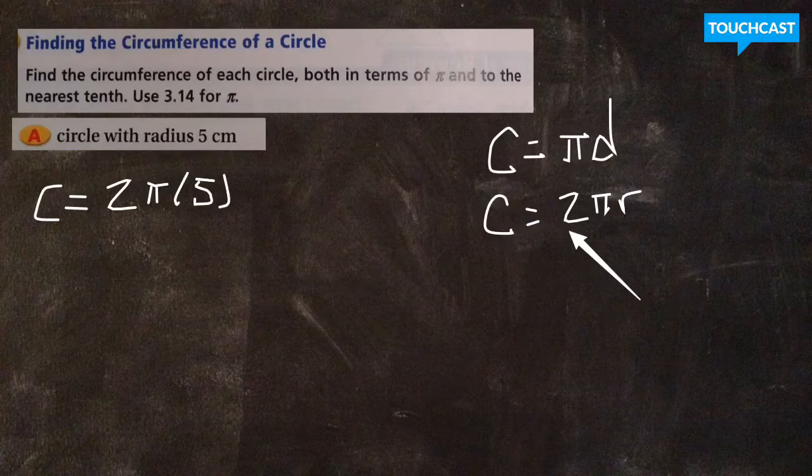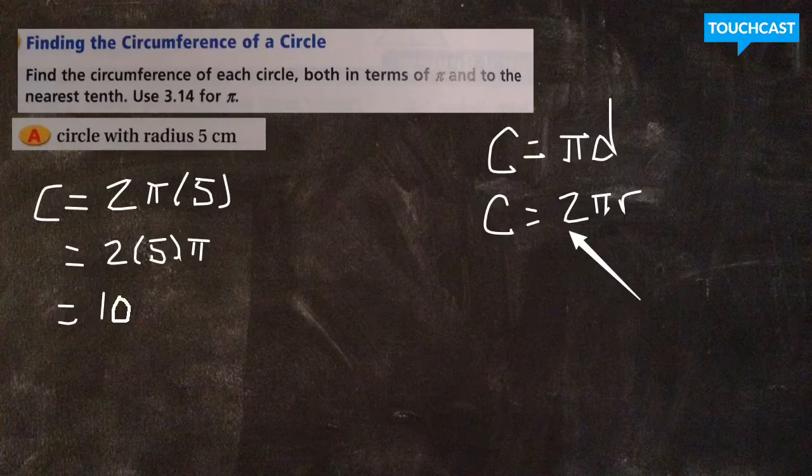We can use the commutative property to switch pi and 5 to have 2 times 5 times pi, which we can then use multiplication. We have 10 pi centimeters. That is leaving it in terms of pi.